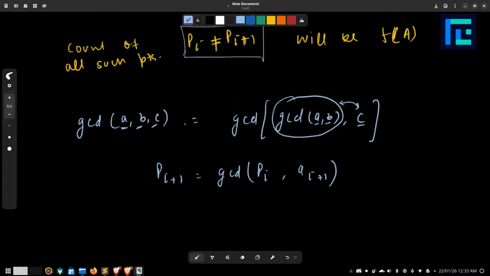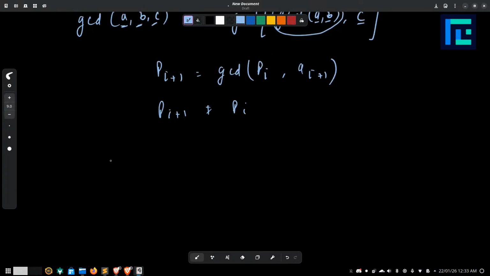Since we need to count all the points such that P of i plus 1 is not equal to P of i, we need to count all such points where GCD of P of i comma a of i plus 1 is not equal to P of i.